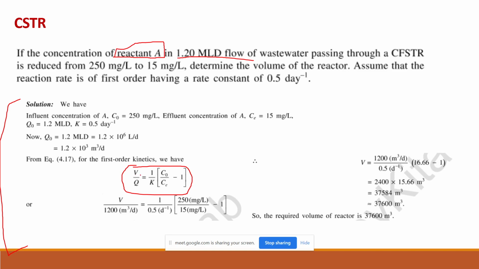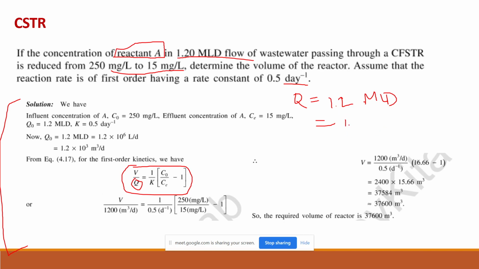Fine. So the first thing which needs to be identified is your Q. Q is the flow rate, which is provided to you as 1.2 MLD. Everything else is provided in mg per liter, and K is in day inverse. First, what you should do is convert this into meter cube per day.